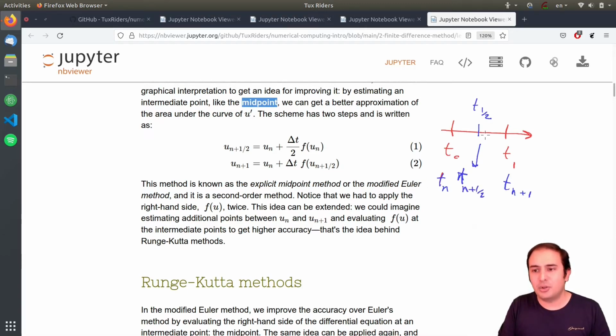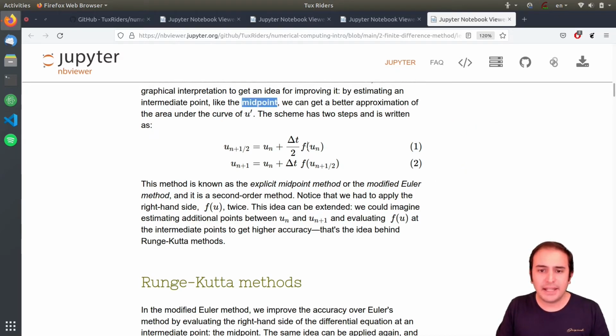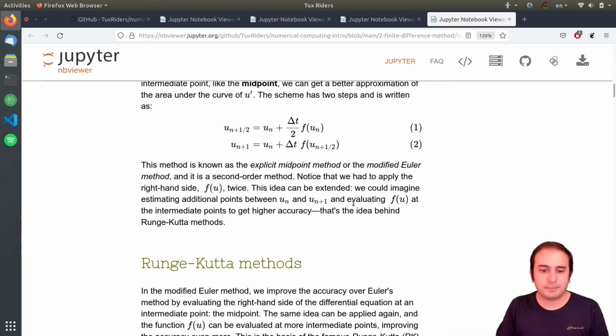So you can consider this point as well into your computation and all the calculations that we do. So this is why these techniques are usually called higher orders, or with this term of midpoint. And you can see that the formulation is a bit different.